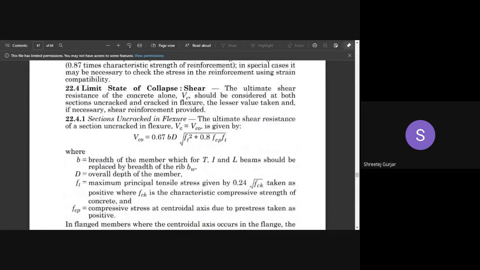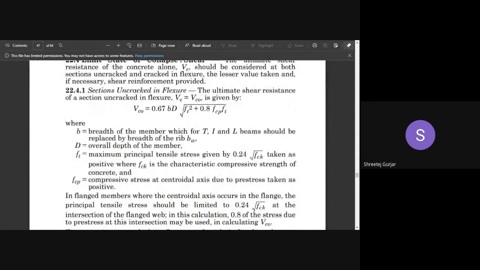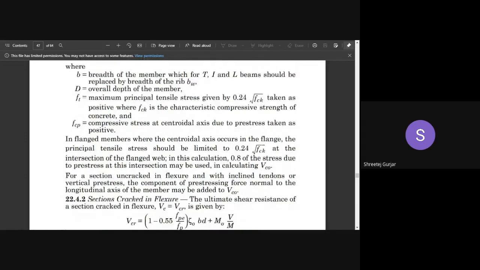To this particular equation, Vco, we have to add that vertical component PV of the pre-stressing force, or if there is vertical pre-stress, we have to add that value in this equation. So remember this important condition depending upon the cable profile.